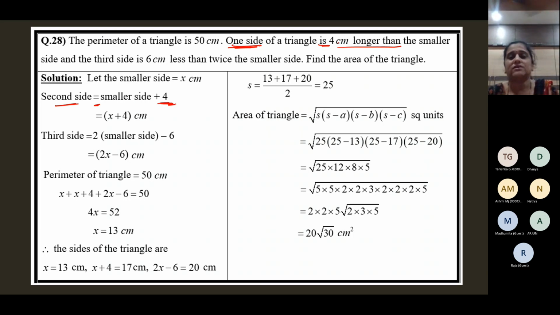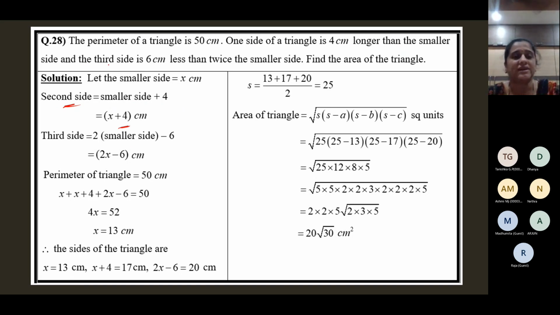Than what? Than the smaller side. Whenever it is 4 centimeters longer than or shorter than, you should put the plus 4 or minus 4 behind. So the smaller side is X, so the second side is X plus 4 centimeters.